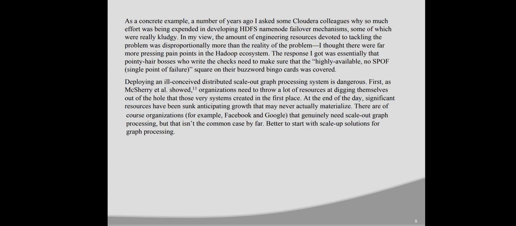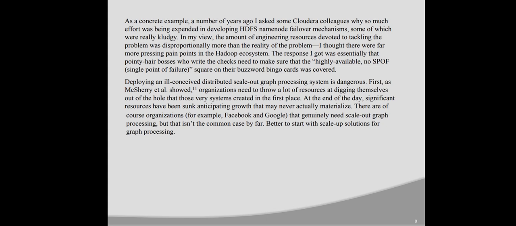As a concrete example, a number of years ago I asked some Cloudera colleagues why so much effort was being expended in developing HDFS name node failover mechanisms, some of which were really complex.